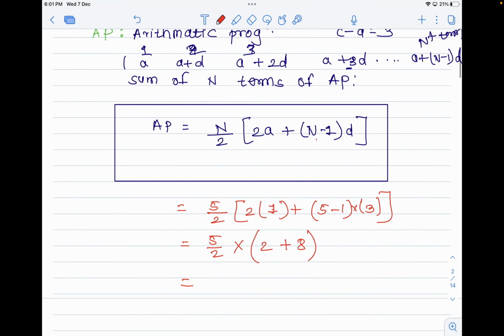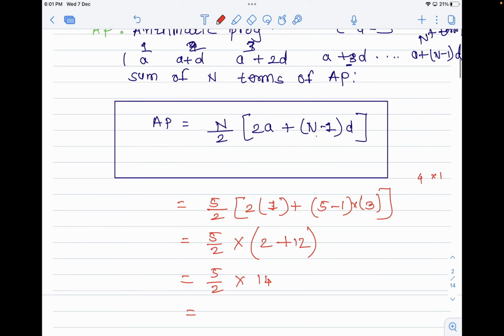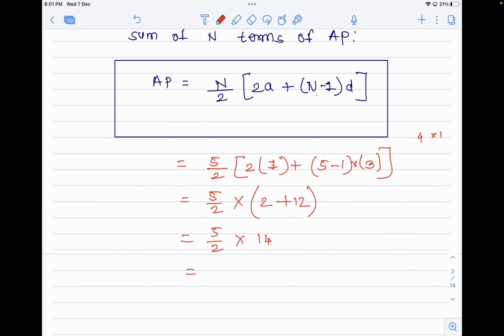That's why we kept 3. So 2 is 2, 5 minus 1 is 4, into 3 is 12. So now how will we solve? 5 divided by 2 into 14. So 14 into 5 is 70, divided by 2 is equal to 35.